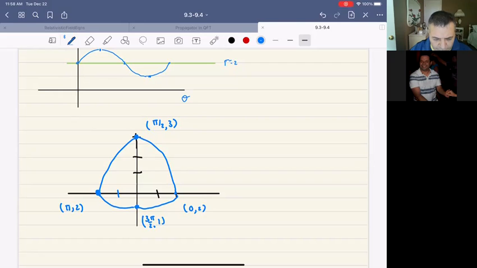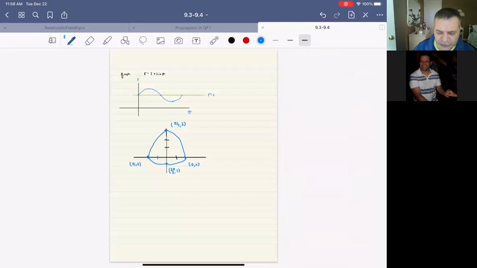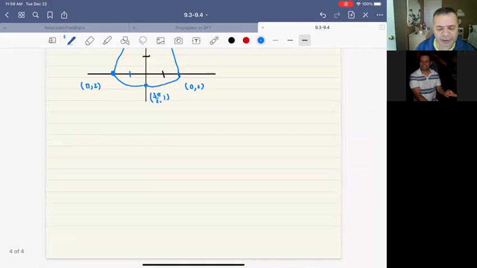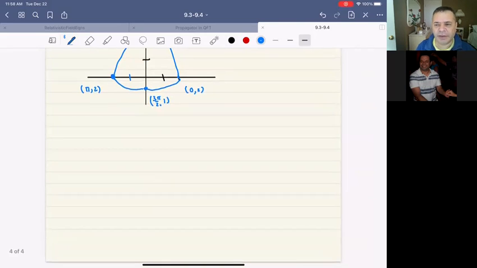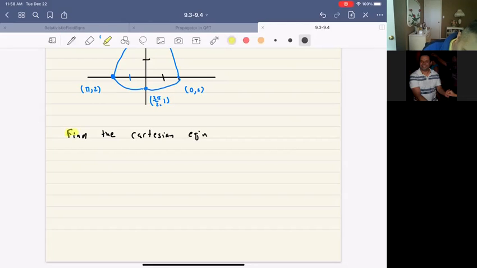Let's see what else we got. Let's do a couple where we're finding the Cartesian equation from the polar equation. We've already done that with the sine of theta, but this is just to get some practice.